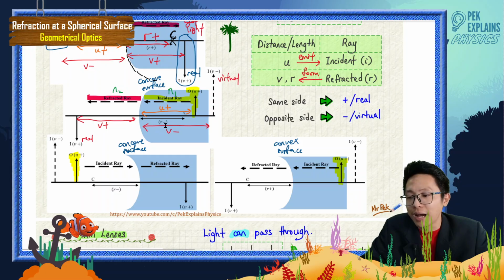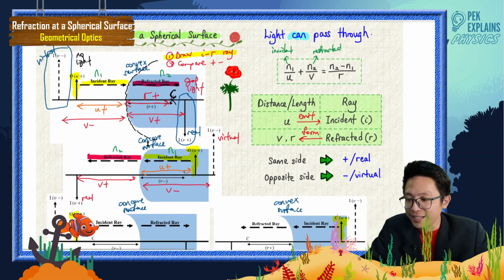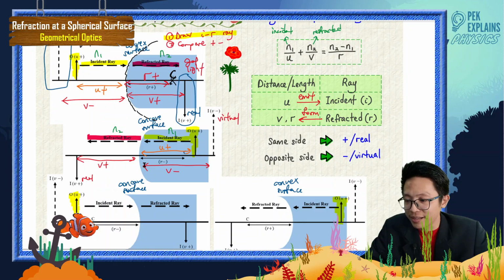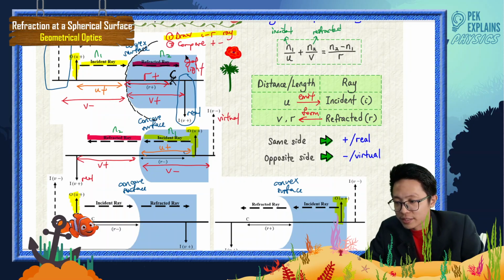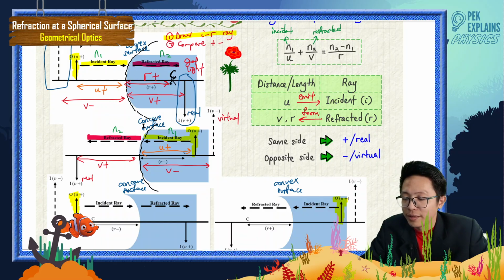Now how about the r? You see, the sphere is over here, same like above. But where is this r? This is the r.